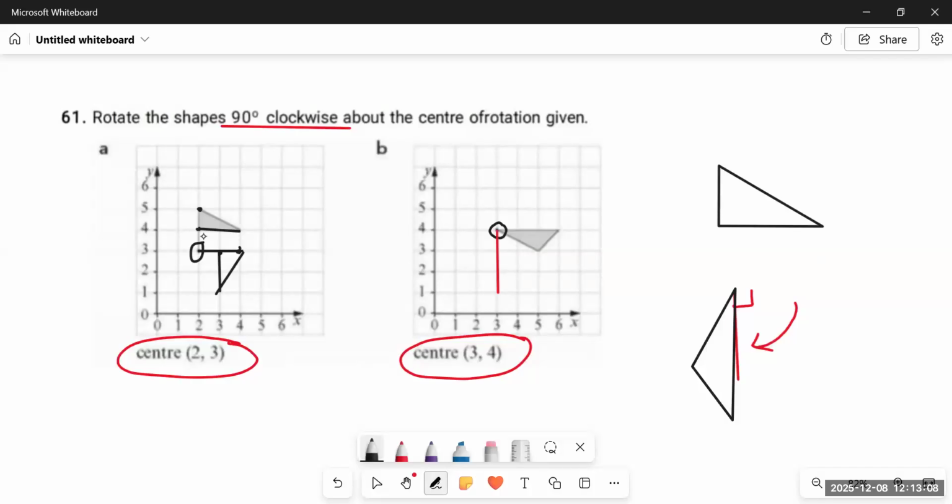And then for this line, the 90 degrees would be here, right? And then we will join the 2 points. This is how we will rotate the shape.